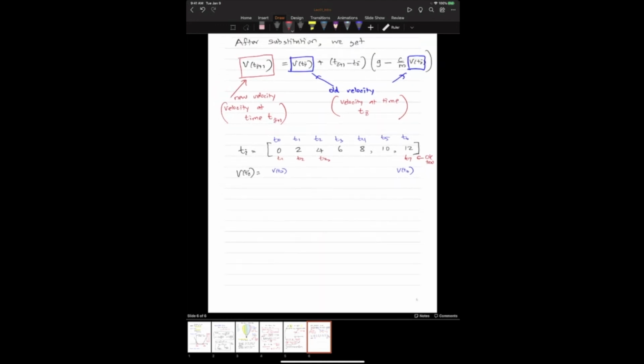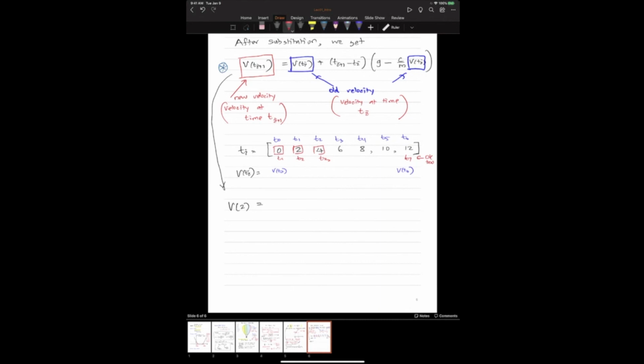Now, let me write this equation using these notations. Let's say I want v2. I'm just substituting here: instead of ti plus 1, I am substituting 2.